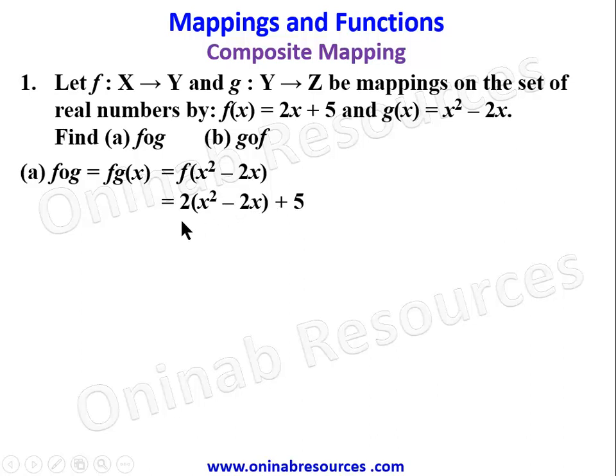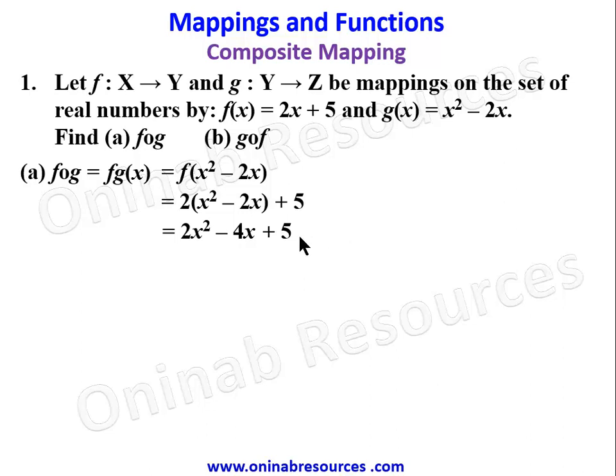So we simplify, expanding the bracket: 2x squared minus 4x plus 5. And that is the end of the solution to problem 1a, that is fog, the composition of f and g.